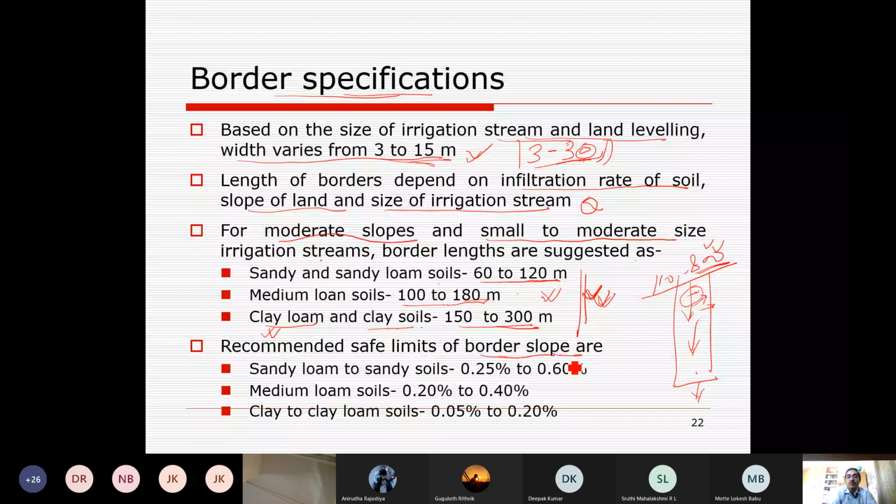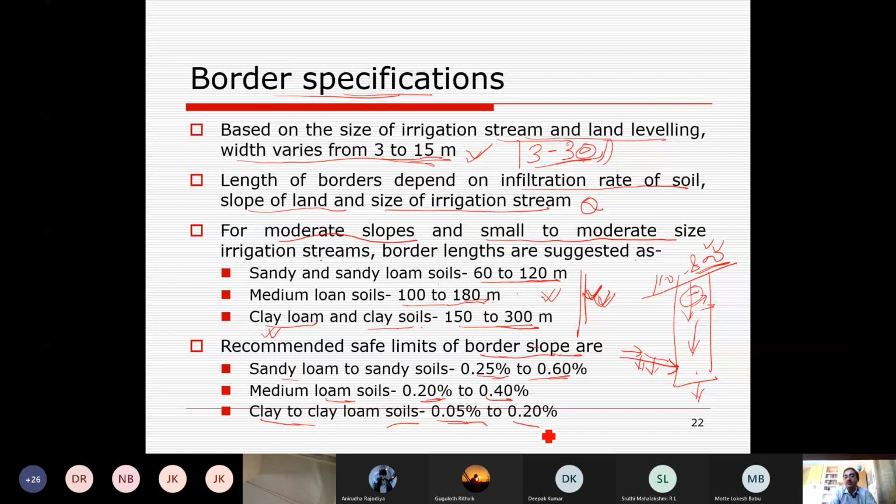And if it is clay to clay loam condition, 0.05 to a maximum of 0.2% slope of the field we should take. Otherwise, it will be fast moving of water, and there will be less opportunity. So in this way, we are deciding the size of the border.